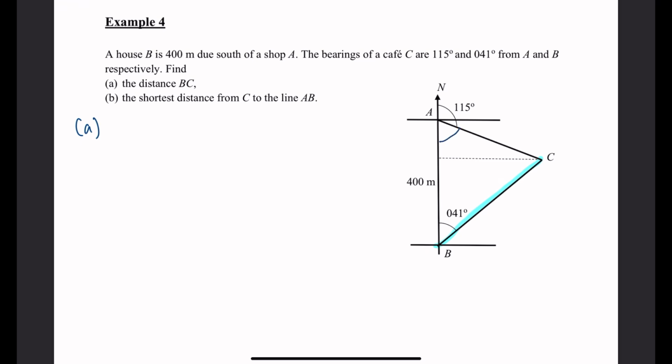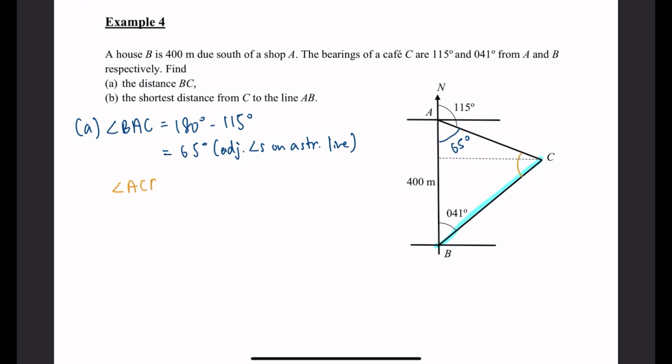Notice I can find angle BAC. Angle BAC and 115 degrees, they lie on the same line. So we can take 180 minus 115, 65 degrees, adjacent angles on a straight line. Okay, so this is 65 degrees. Next, we can also find angle ACB.